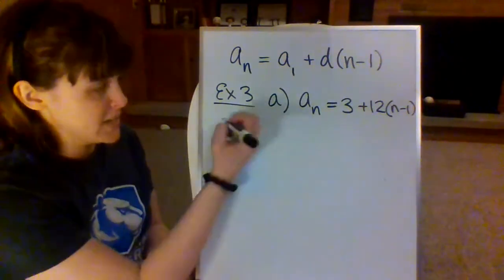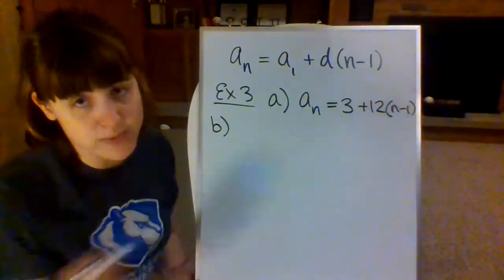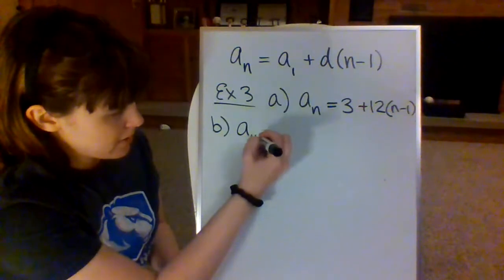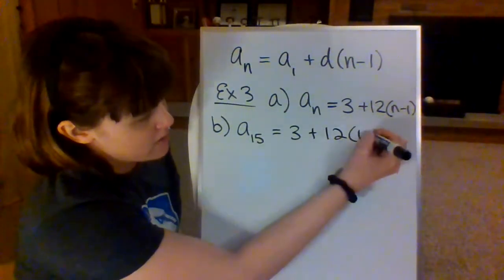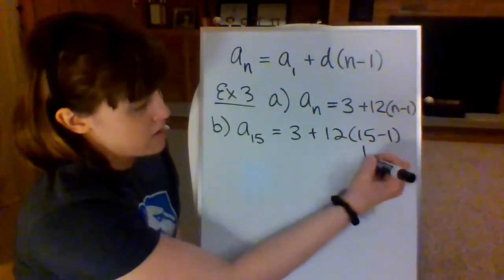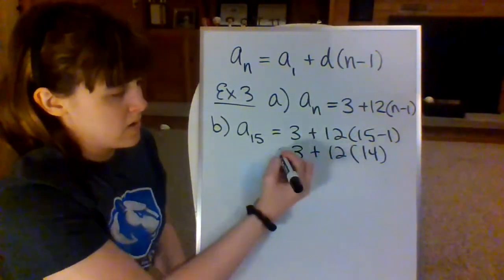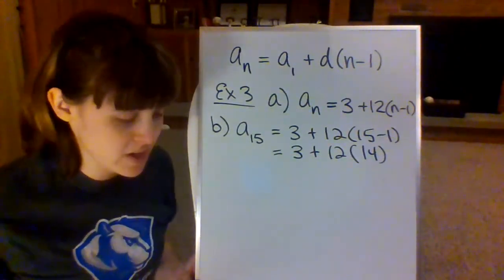Now, part B said find the 15th term. So now we're going to replace n with 15 and then find the answer. We have 12 times 14 and then plus 3.